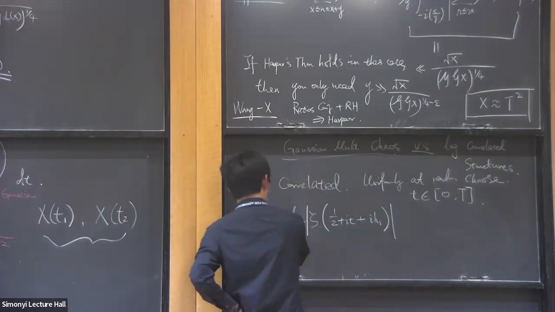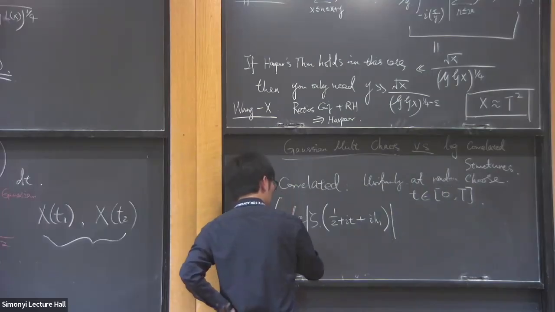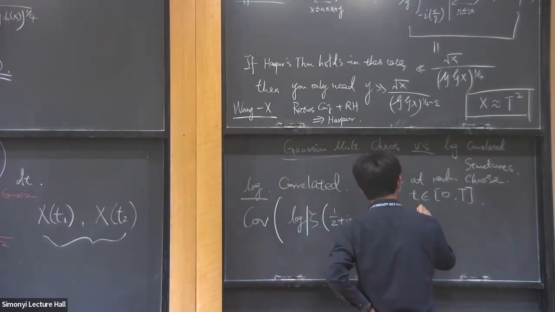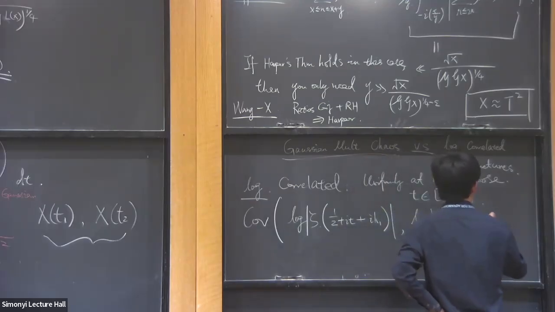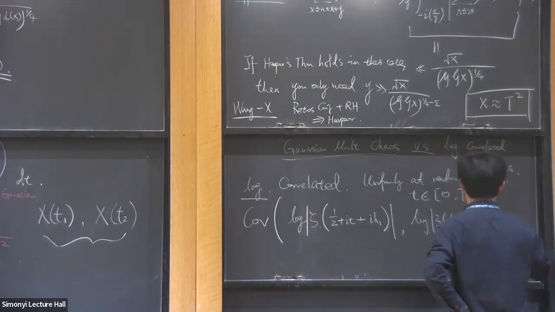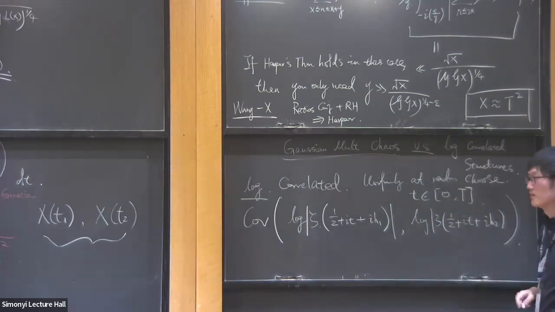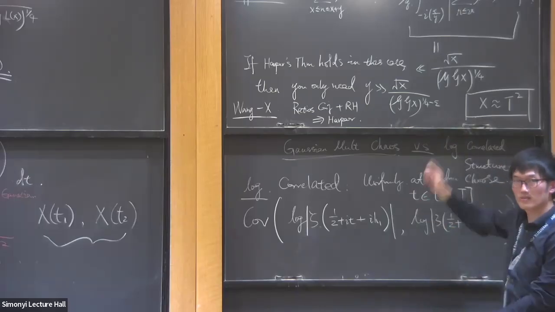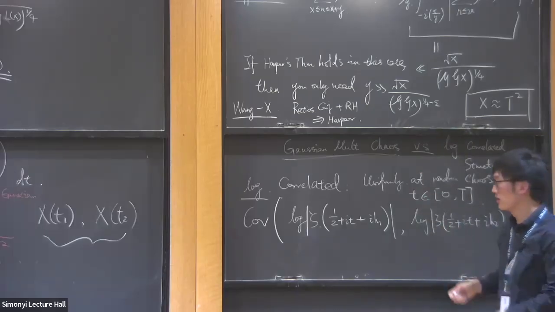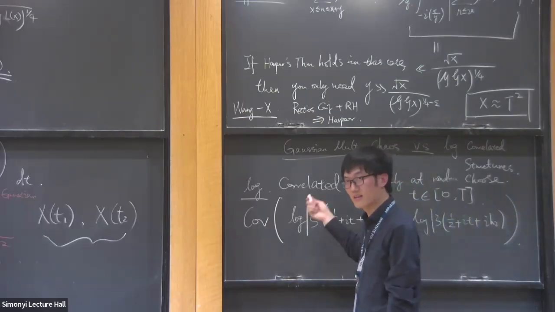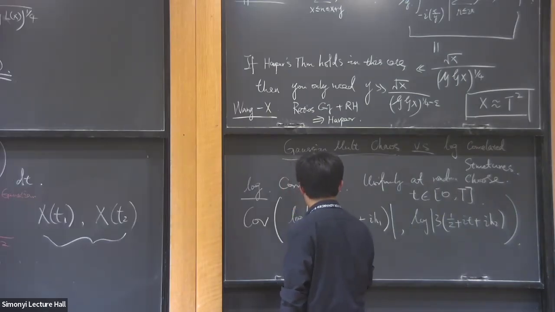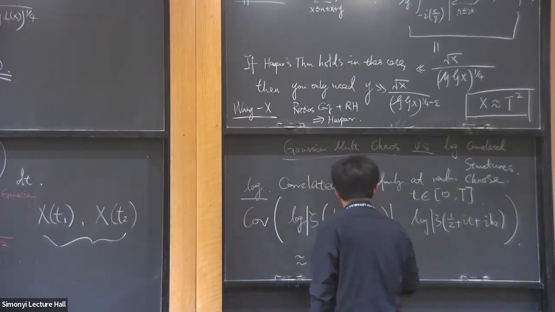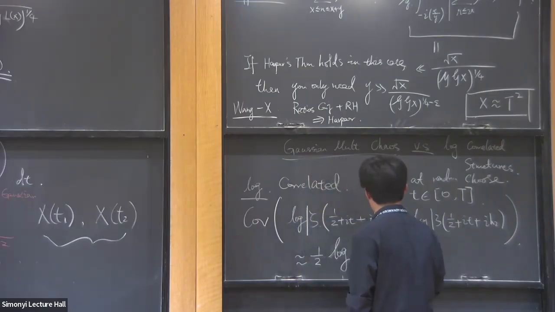What's the covariance between this function and log zeta of half plus it plus ih2? What are we varying? The variable is little t. When you choose little t and look at h1 and h2, it turns out their covariance is exactly what is called a log correlated field. Roughly speaking, there is some constant, I think here it is half, and log of more or less 1 over the distance between h1 and h2.